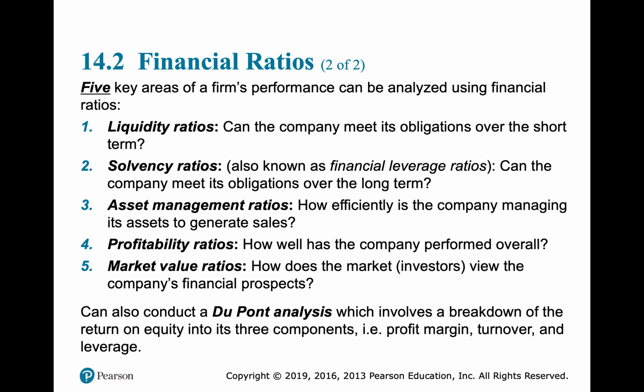But these are the ratios that tell the market, as in the investors, how they view the company's financial prospects. Do the investors see the company in a confident way, or are they getting a little less confident? We can tell that by looking at stock information, the price to earnings ratio, and so on. We're going to talk about a few of them in this chapter as well.